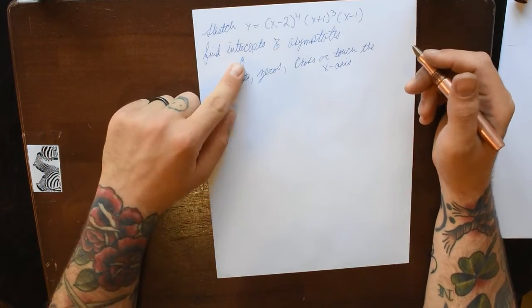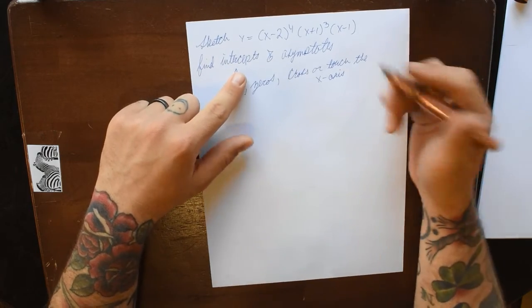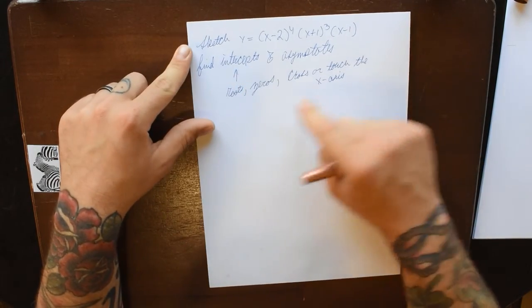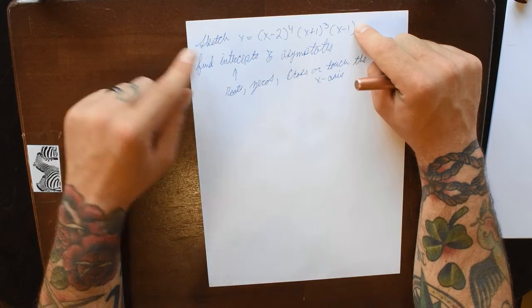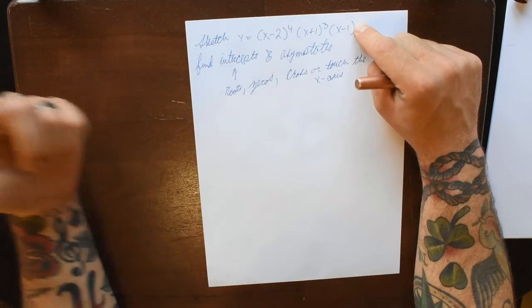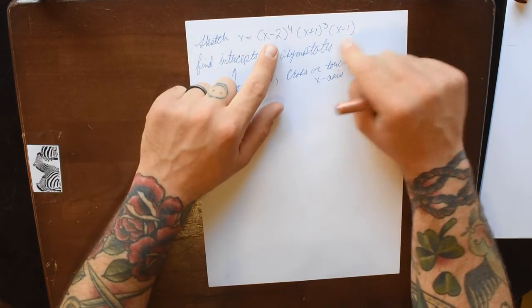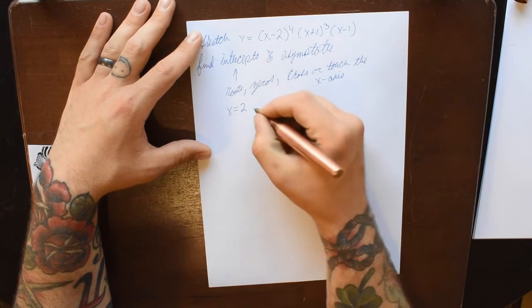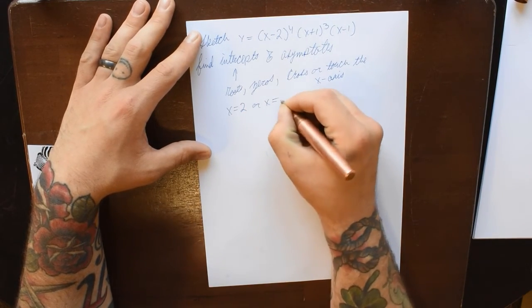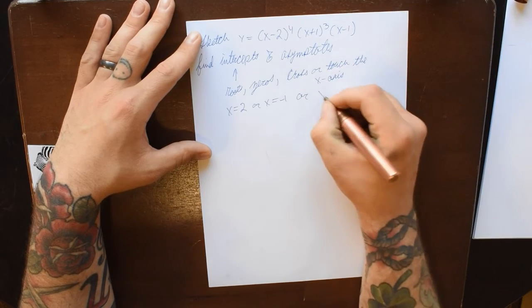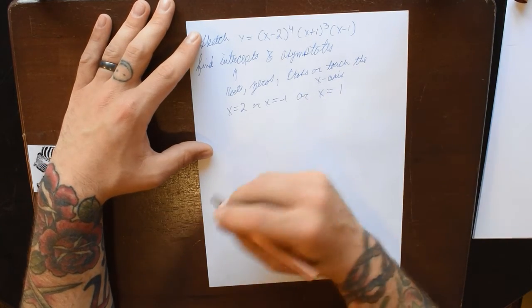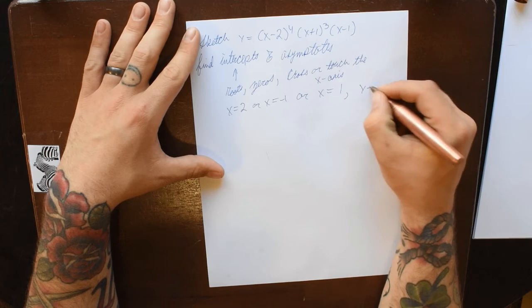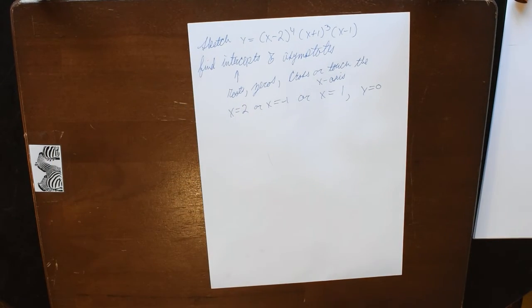When we're trying to find our intercepts, we're trying to come up with the values of x that when we plug into this polynomial, this function has a value of 0. Well, it's already in factored form. We know that when x is equal to 2, or x is equal to negative 1, or x is equal to positive 1, y is equal to 0.